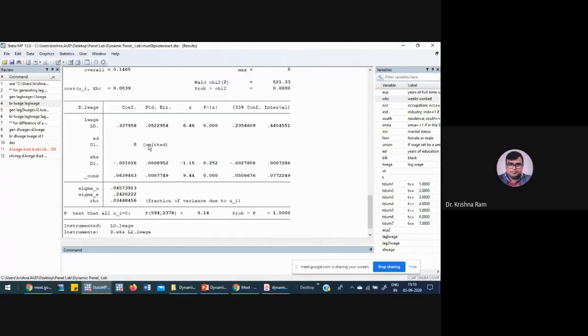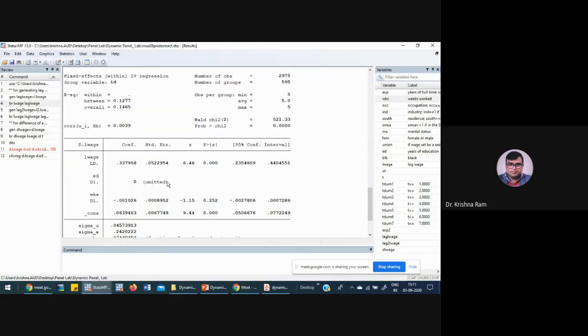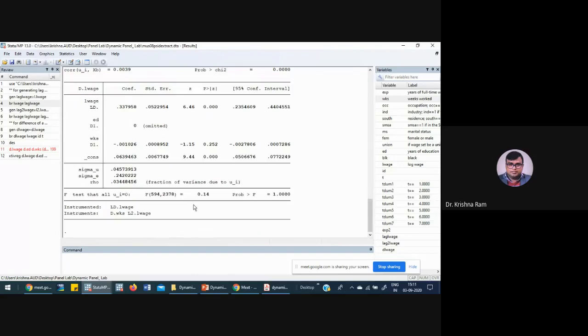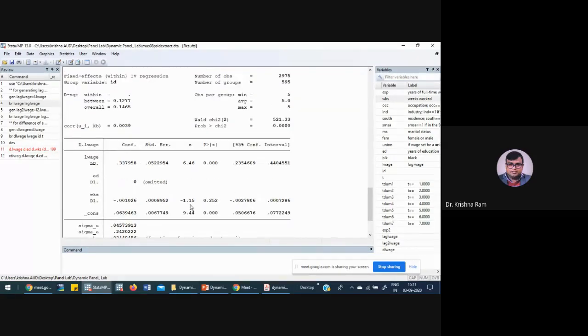It is probably a constant variable or dummy variable. That's why you are getting estimate 0. And these results are the same as what we get in case of the fixed effect model.